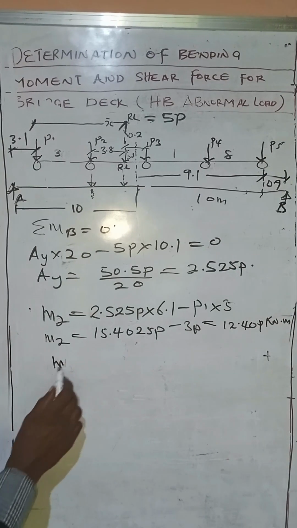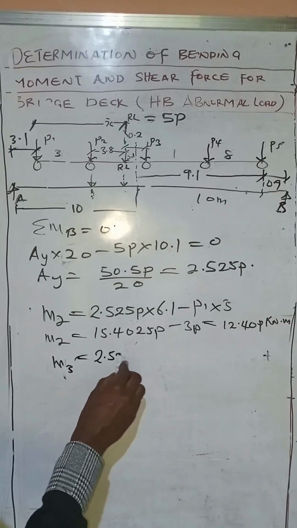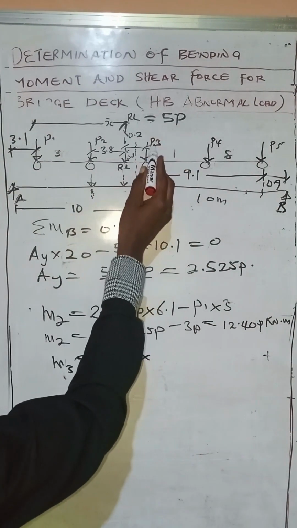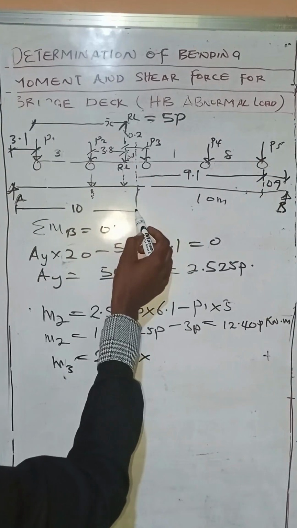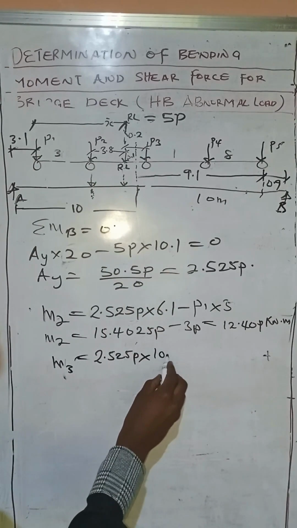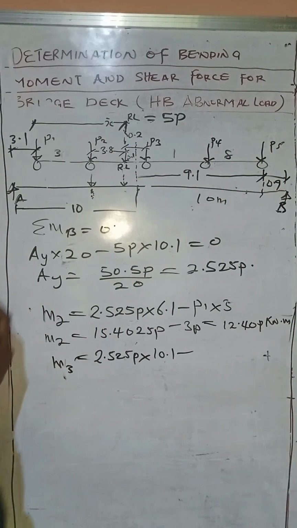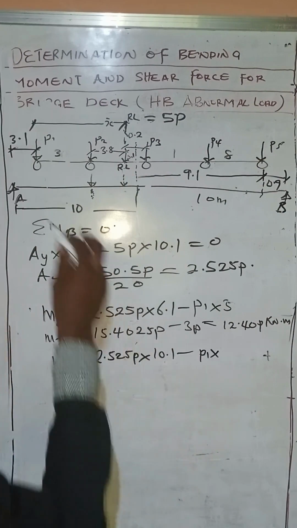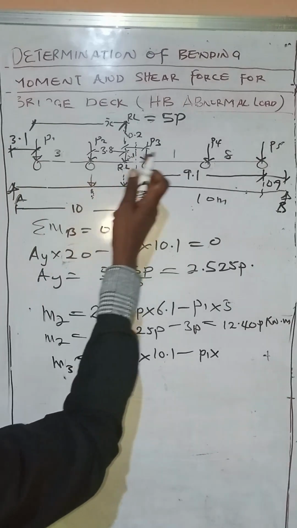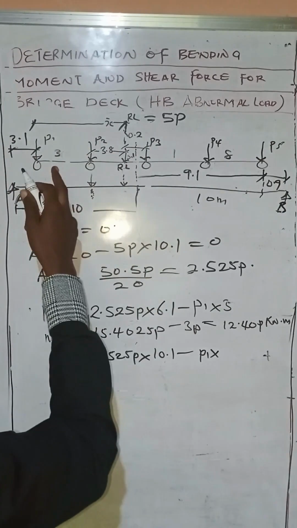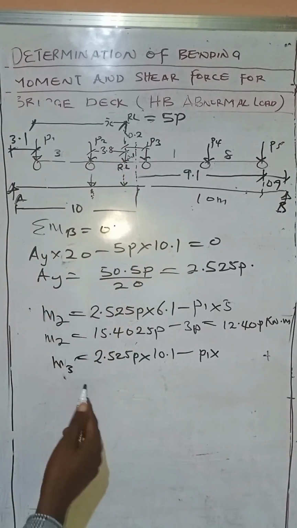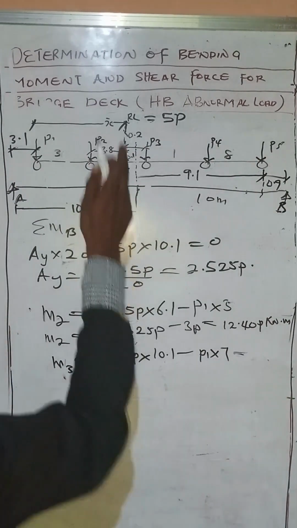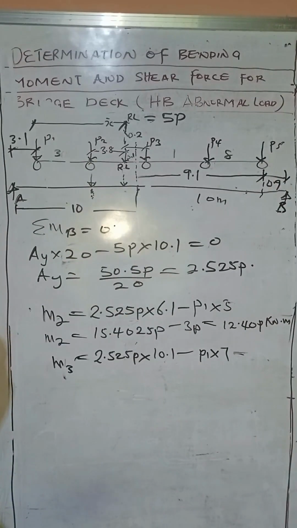Moment at point 3 is equal to AY, which is 2.525P, times the distance to point 3, which is 10.1, minus P1 times 7 minus P2 times 4.